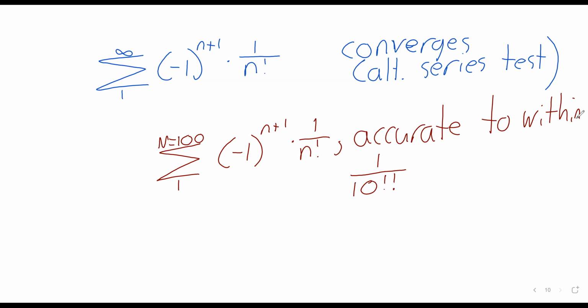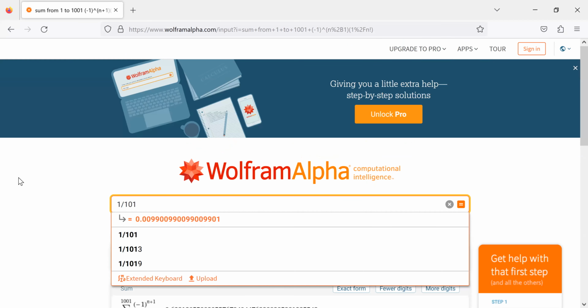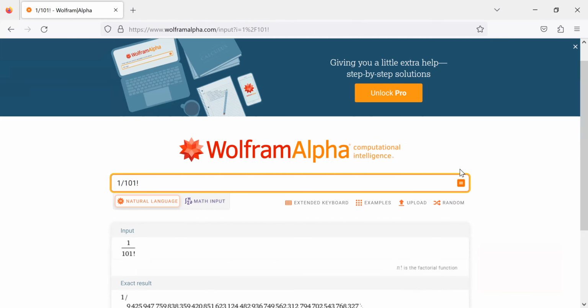So the alternating series test gives us a bound on how accurate this approximation is. And 1/101 factorial is an indescribably small number. I would not be at all surprised if Wolfram Alpha just rounded this to 0. Let's see if it does.